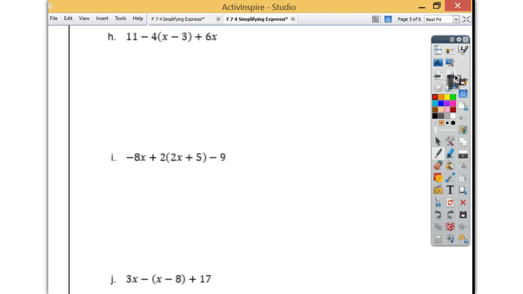Letter H. Again, the term negative 4 times x, you get a negative 4x. A negative 4 times a negative 3 gives me a positive 12. Now here I have a term out here to bring down, and I have a term back here to bring down.